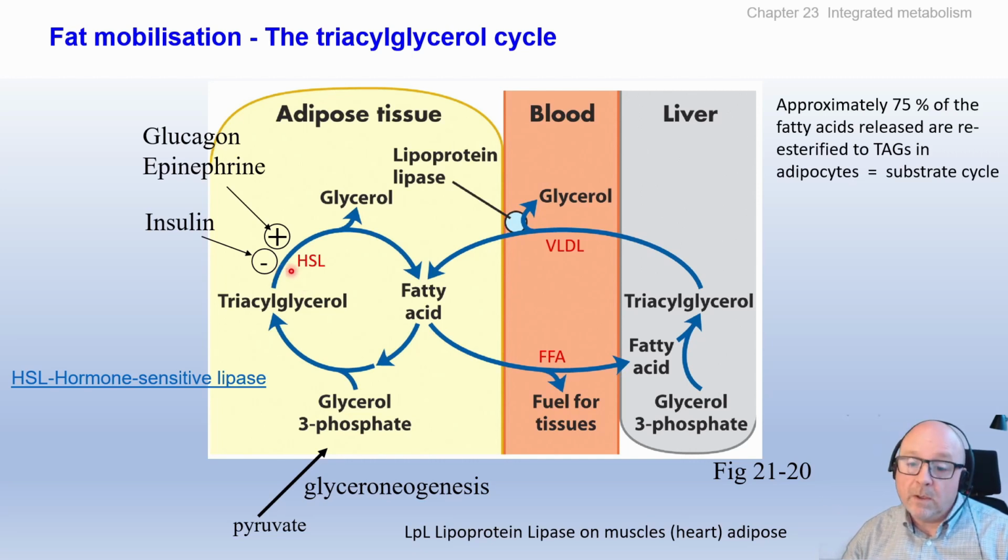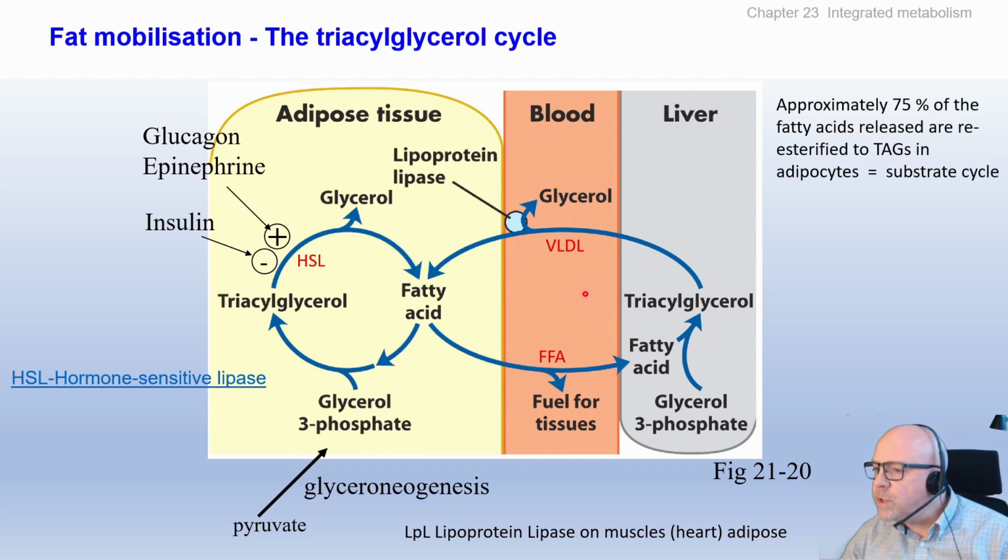Conversely, when glucose levels drop, you will have, of course, gluconeogenesis and breakdown of glycogen, but glucagon and epinephrine can signal to hormone-sensitive lipase to also start releasing the fatty acids. Okay, so now you have fatty acid in this cell. It can be exported as free fatty acid or bound to albumin and delivered to tissues.